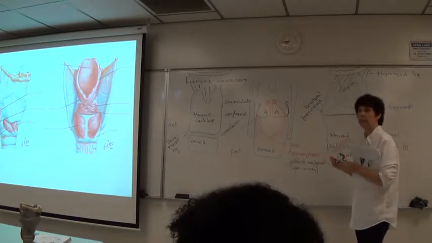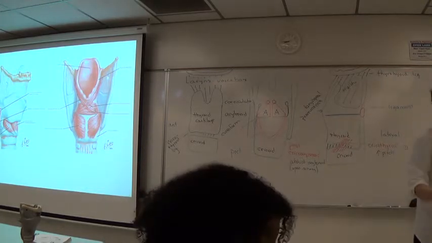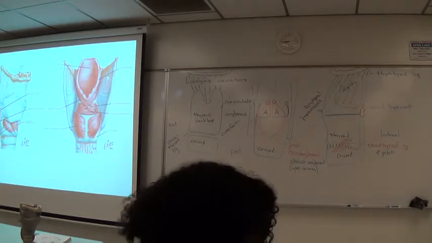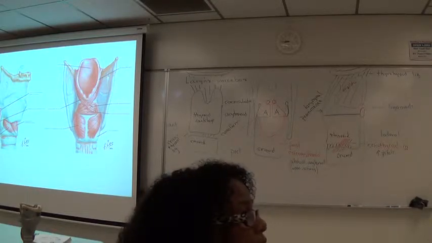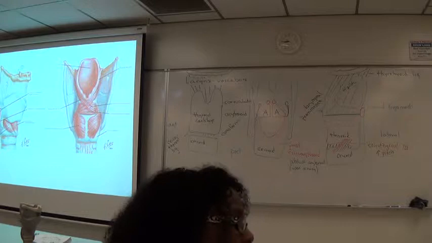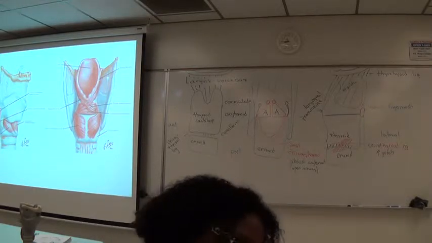Increases the amount of air that can go through the vocal ligaments. So if my fingers represent the vocal ligaments, it's going to do this. Okay? So two vocal ligaments, it's going to open that space as it turns the arytenoid cartilages.